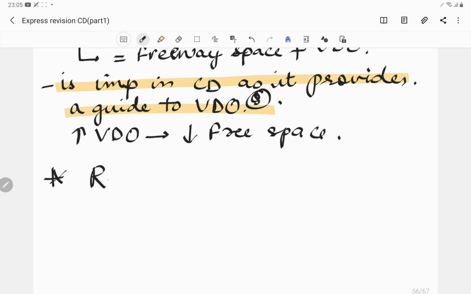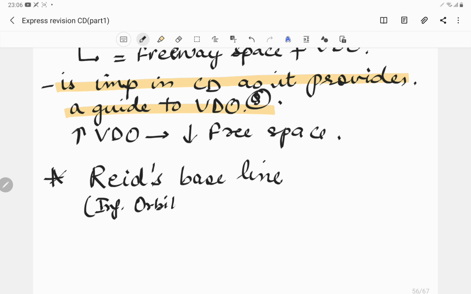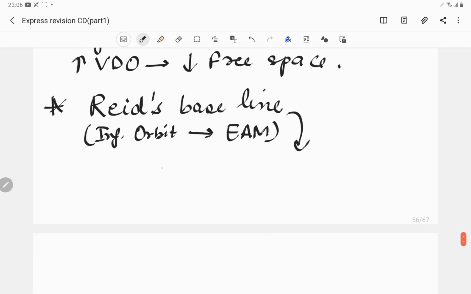The Reed's baseline, which runs from the inferior orbit to the center of the external auditory meatus, should be parallel to the floor while we are recording the vertical jaw relation.